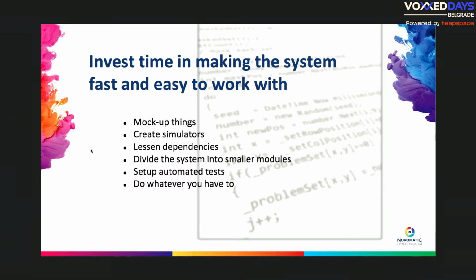That means that if teams have problems of any kind, if the system they are working on is slow or has any other flaw, you need to do whatever you can to make their life easier. If you have dependencies, for example, with third parties, then create simulators. Just isolate the dependencies, mock the services.